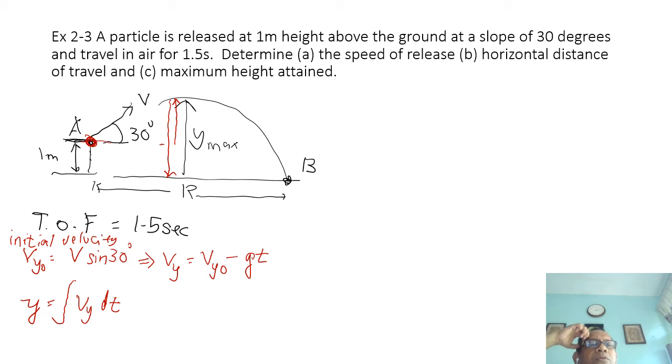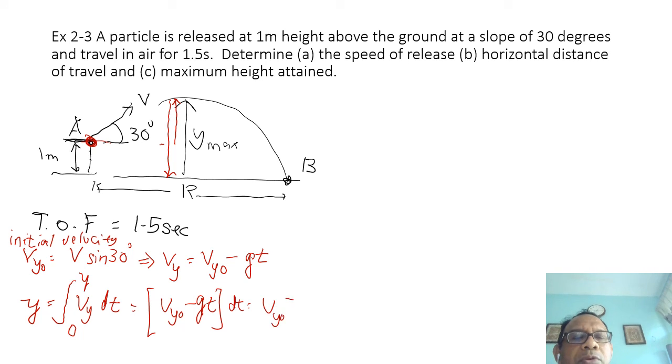Yeah, so I have to put, it is not from zero. Usually we put 0 here and we put Y, but currently we are not moving from 0. So this is the first flight, so 0 to Y, and at Y max it will become H. So anyway, it's Vy naught minus gt, dt, so we get Vy naught t minus gt squared over 2.